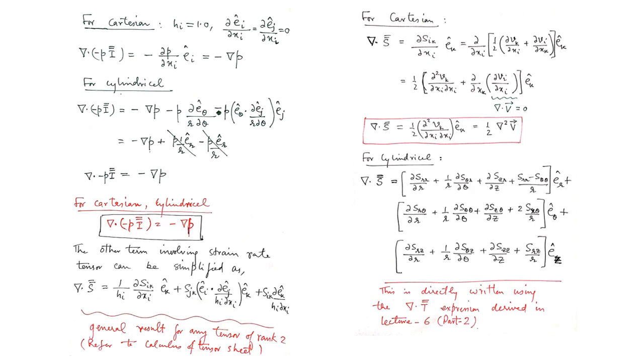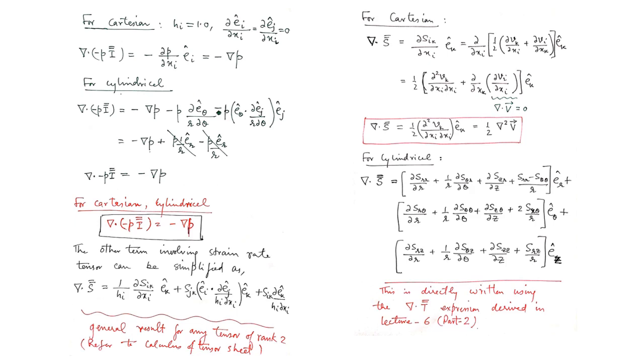And this minus del p del xi ei cap is simply nothing but the gradient of pressure with a minus sign. So minus del p, or gradient of pressure. So this term for Cartesian gets simplified in this form, and for cylindrical we have to look at the other terms.